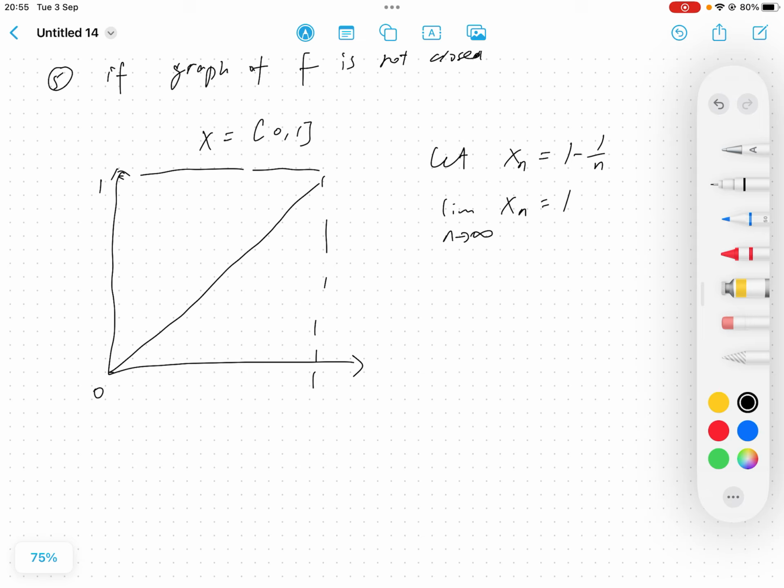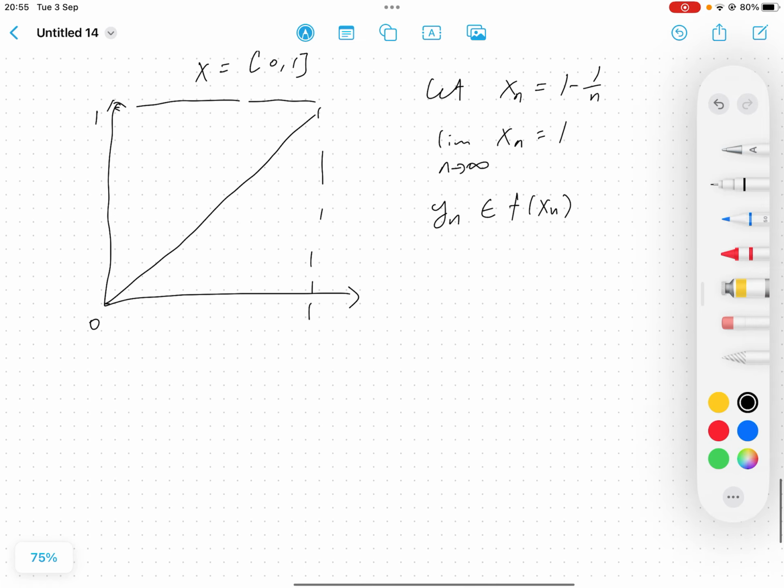And y_n is in the correspondence of f(x_n) in the sequences, and so the limit of y_n as n goes to infinity will be 1 as well.